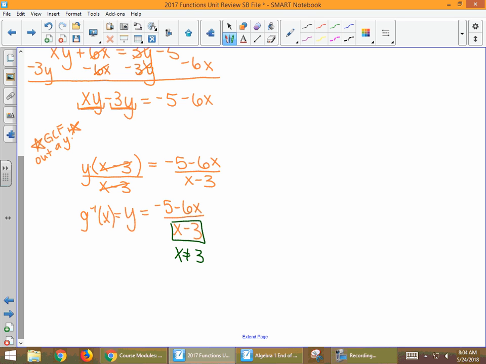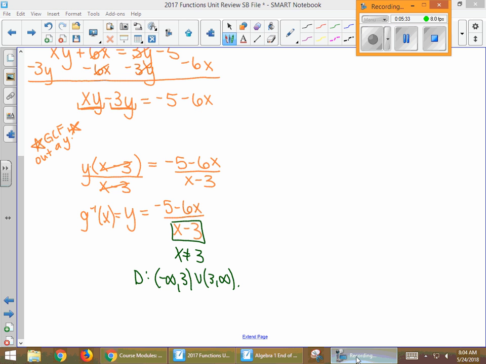That would make our denominator 0. So the domain of our inverse would be negative infinity to 3 and 3 to infinity. And again, if we have the domain of both, then that gives us the range of the other. So our range for our original would be the same as the domain of our inverse. All right.